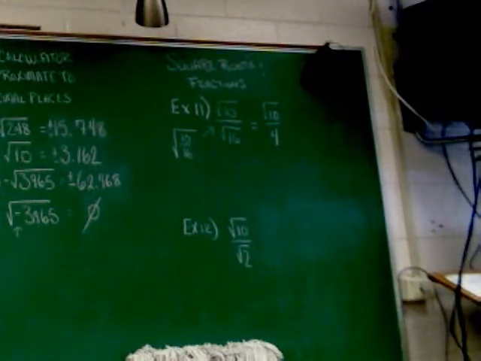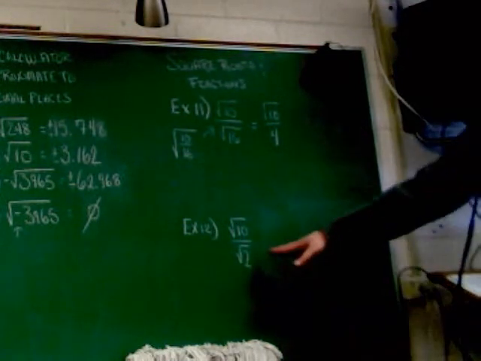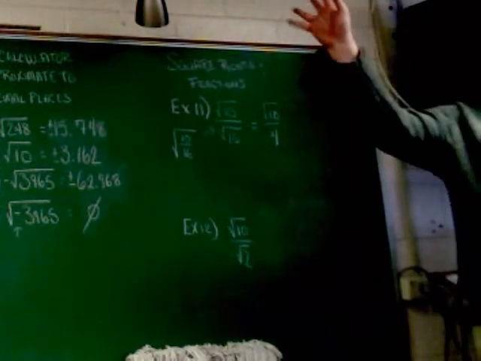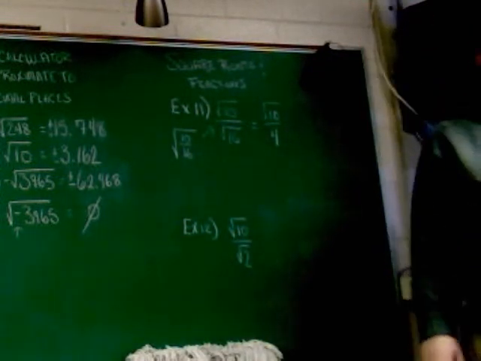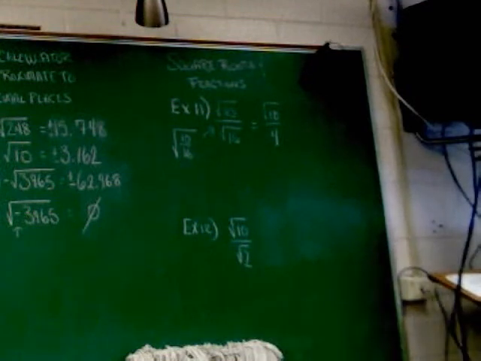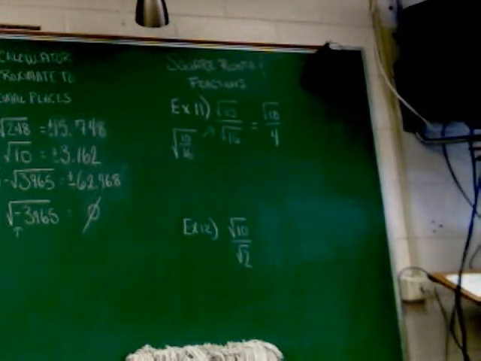Now the bottom one isn't so nice because if we look in the denominator, it says square root of 2. Well, if you reference the list, there is no square root of 2. Now what do we do? Whenever that happens, you just multiply the whole fraction, top and bottom, by whatever the denominator currently is.